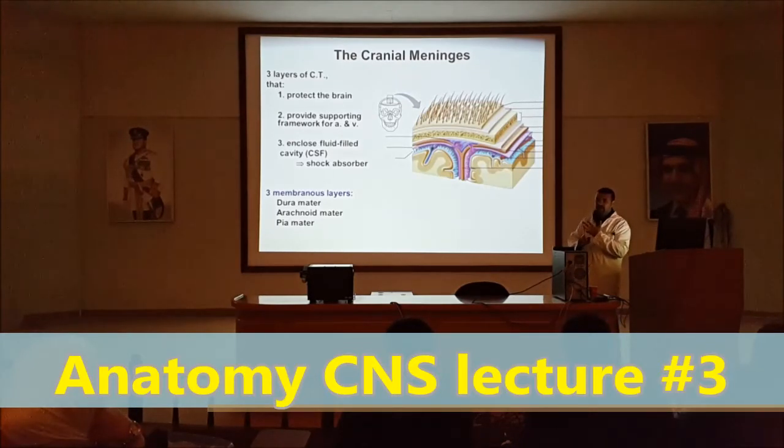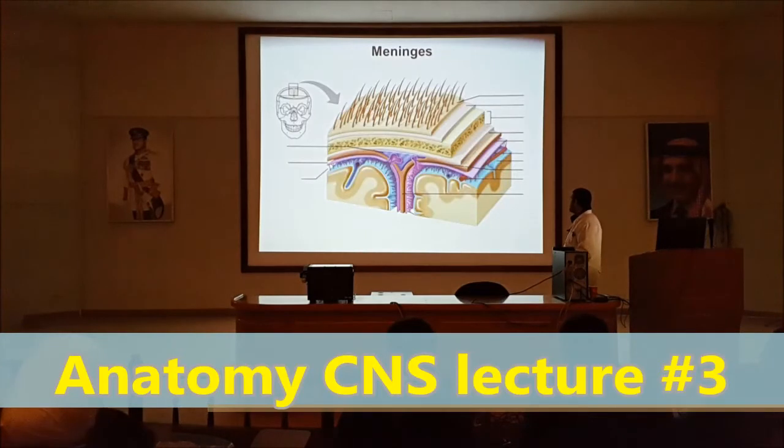We call this fluid CSF, cerebrospinal fluid, which helps in acting as a shock absorber for the brain and the spinal cord. So when we look here now, this is the calvarian bone, or the cranial bones, the bones of the skull.